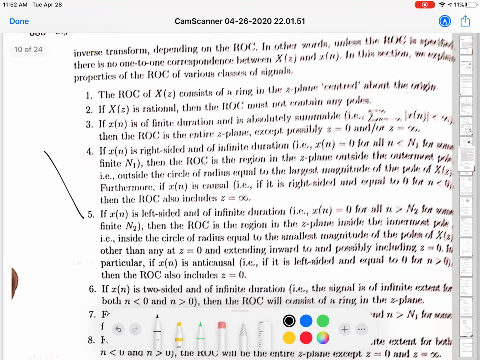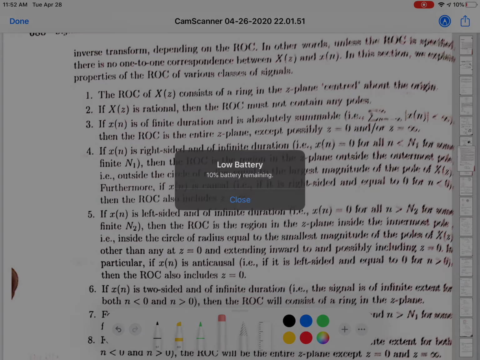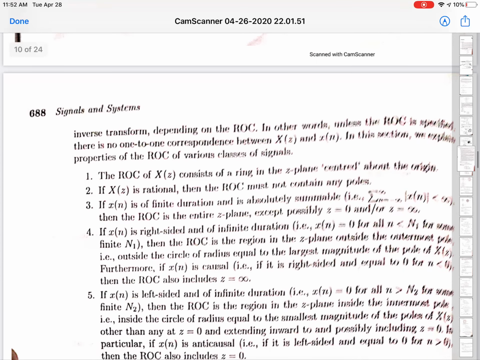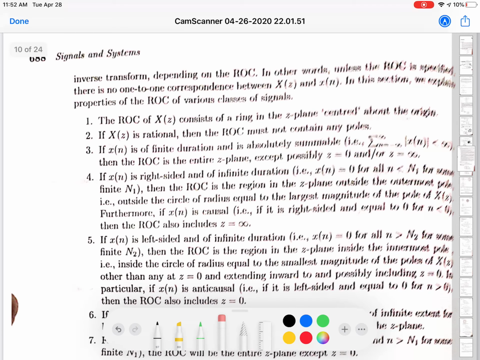First property is the ROC of X(z) consists of a ring in the Z plane centered about the origin. It means ROC will have a ring in the Z plane. According to the second property, if X(z) is rational, then ROC must not contain any pole.